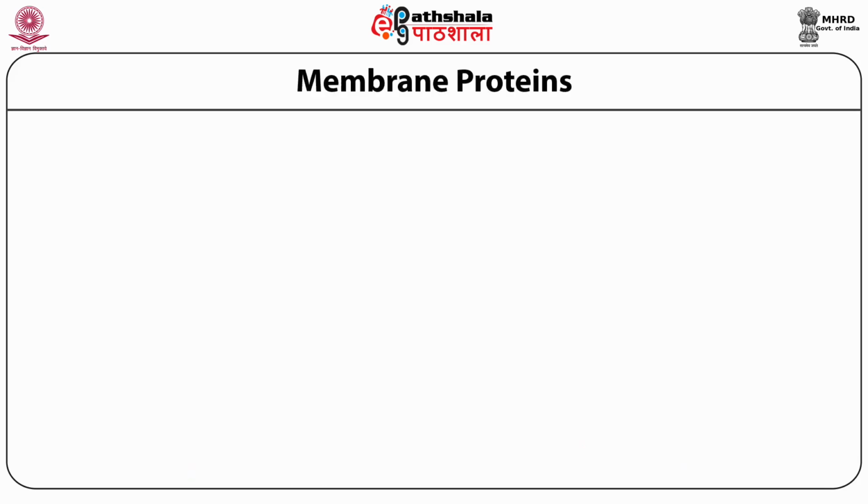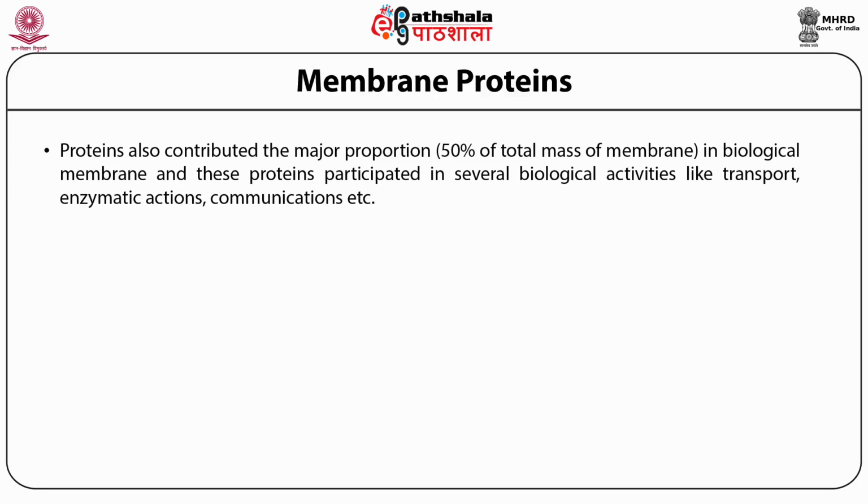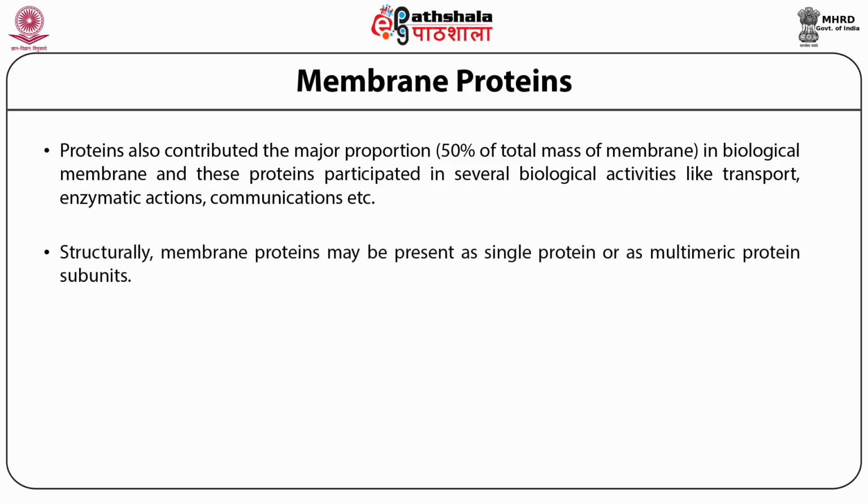Now, coming to a different component of the plasma membrane, that is the membrane proteins. Proteins also contribute a major proportion, approximately 50% of the total mass of a typical plasma membrane, and these proteins participate in several biological activities like transport, enzymatic actions, communication, etc. Structurally, membrane proteins may be present as a single protein or as multimeric protein subunits.